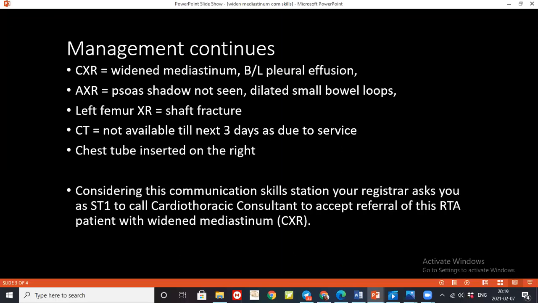Who will come with the patient when you're transferring? Yes, the whole trauma team. I will come with one of our anesthesia colleagues or ITU colleagues and myself.